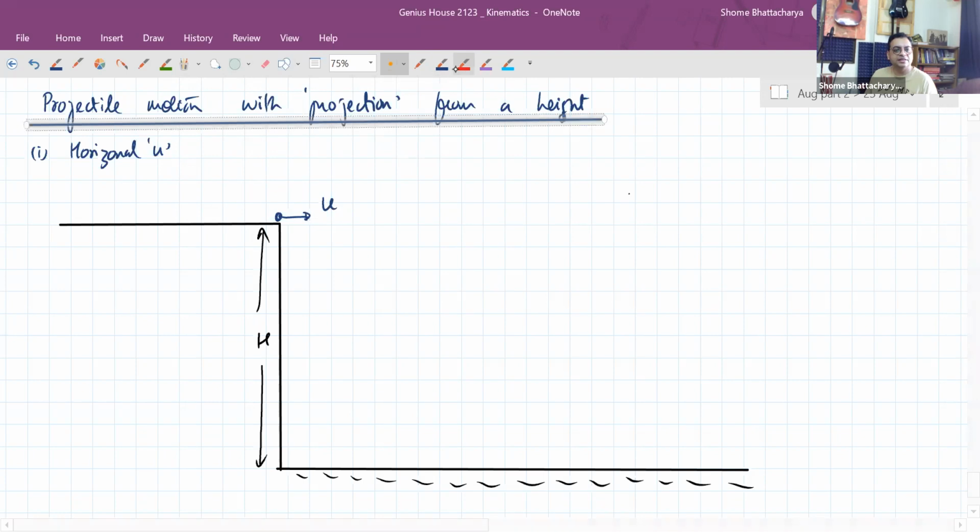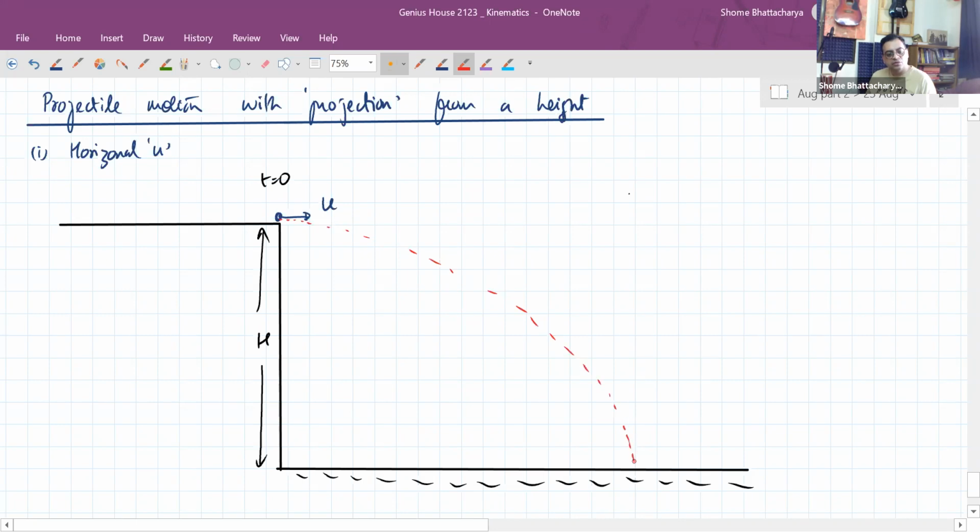This is only going to be descent because we are projecting it horizontally. From the word go, at t equal to 0, it's going to start descending because of gravity. It's not going to ascend because it does not have any vertical component of velocity. So straight away, gravity will cause its y coordinate to start dropping from the projection point.